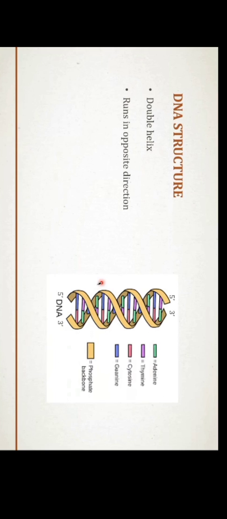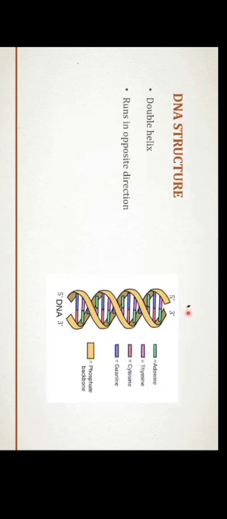All right. Again, class, the structure of the DNA according to Watson and Crick: the backbone of the strand consists of a sugar called deoxyribose and a phosphate group. This structure is the backbone of the DNA, composed of the phosphate backbone and the deoxyribose sugar.